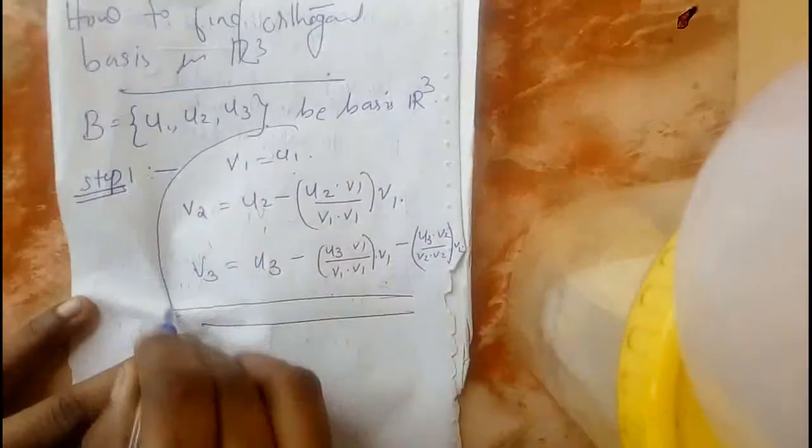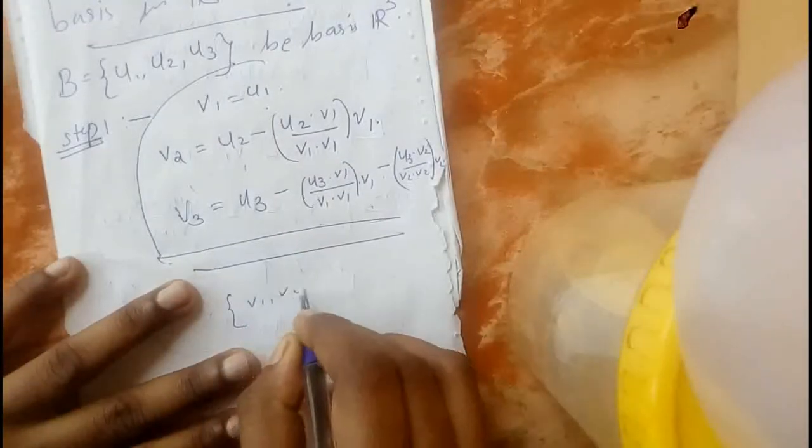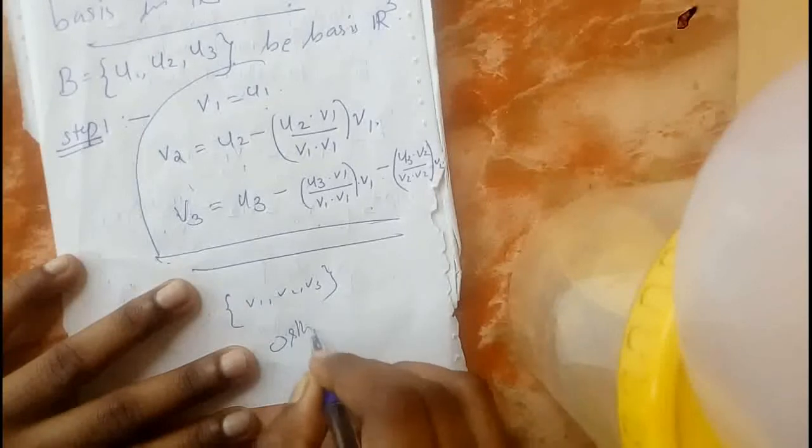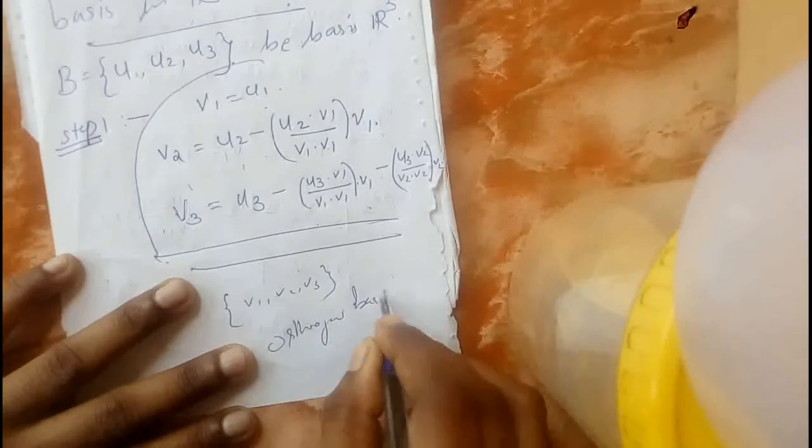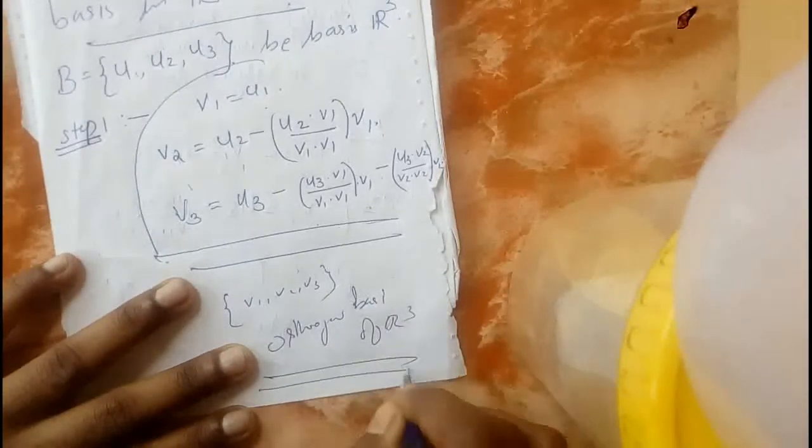So we got v1, v2, v3, which is the orthogonal basis of R3.